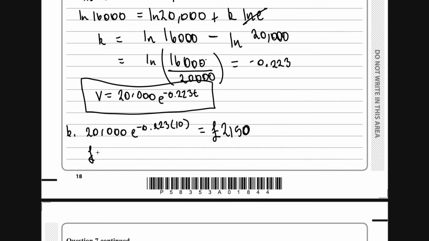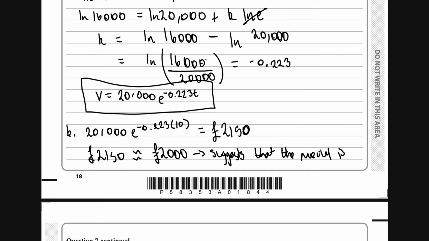Therefore, we can state that because 2,150 approximates to £2,000, it suggests, remembering that key word, suggests, so it's not empirical, shall we say, it's suggestive of the fact that the model is reliable.